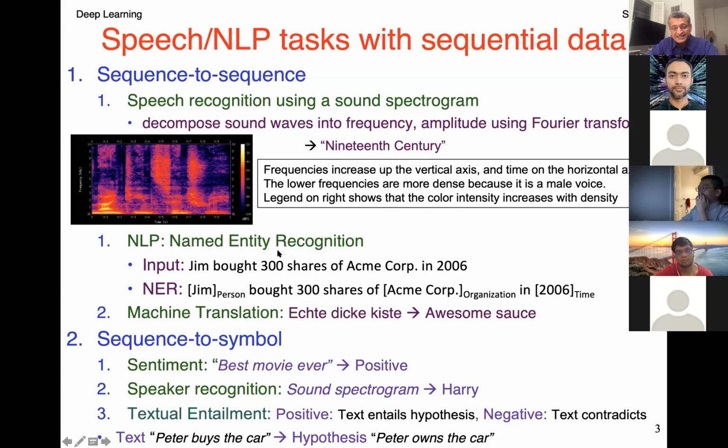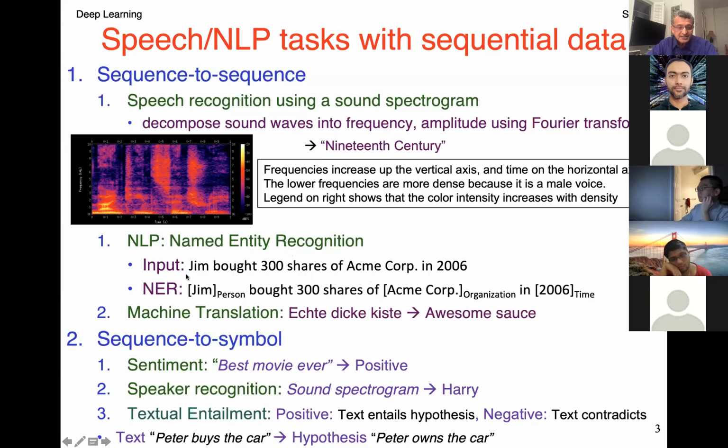One example is named entity recognition. If I give you an input sentence, Jim bought 300 shares of Acme Corp in 2006, named entity recognition is to label these words as to what type of entity each is.